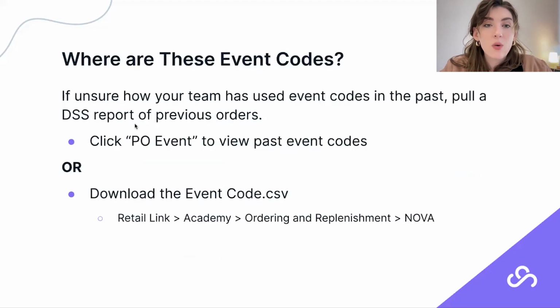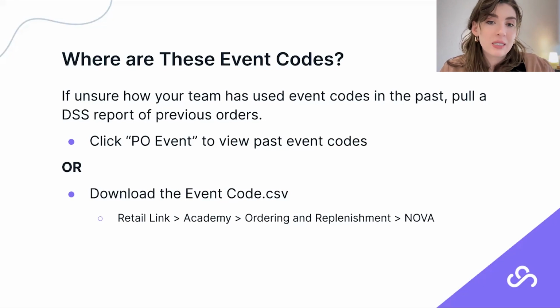All right, so where are these event codes? Let's say that you are new to your team and you're not sure what they mean. This is kind of outdated with DSS going away soon. We'll have to make sure that we include Luminate in here. But if you're unsure how your team has pulled event codes in the past and you're new in the role and there's no one to ask, or you've asked and you still don't understand, you can actually pull a DSS report of previous orders and look at event codes.